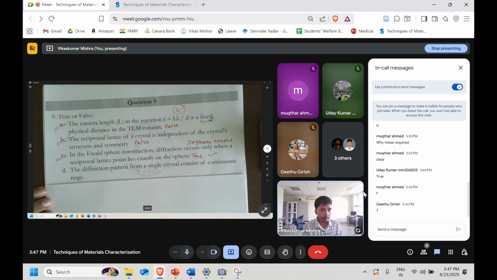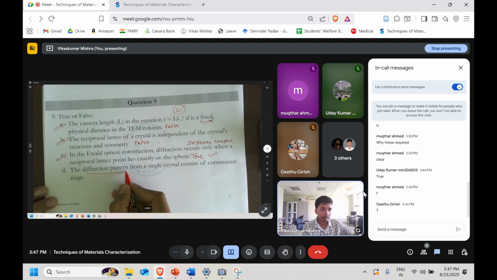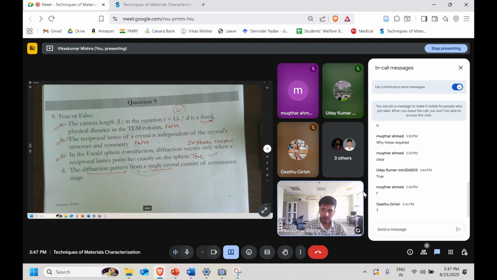The last one. The diffraction pattern from a single crystal consists of continuous rings. What do you think? There is an entire lecture we dedicated to this particular concept: how the diffraction pattern for the single crystal and the polycrystal vary from each other.